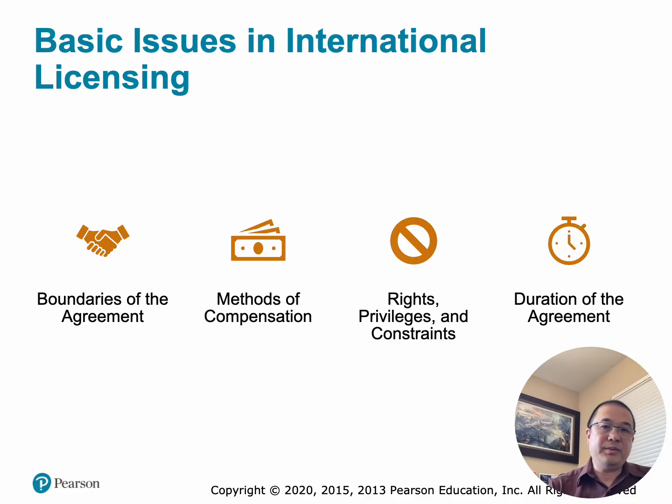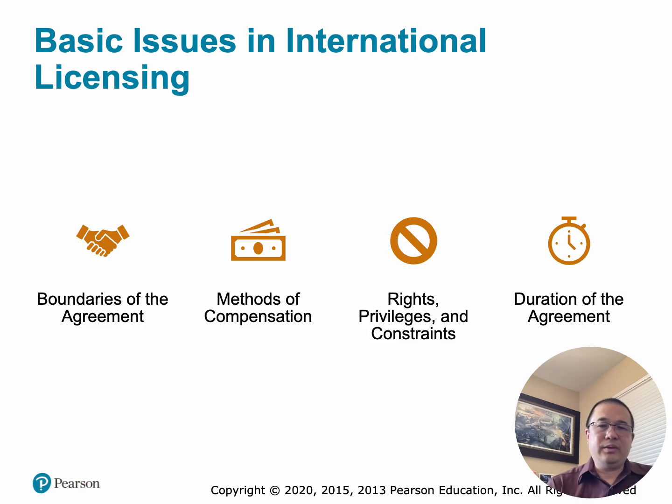As an example, a pharmaceutical company licenses a drug formula. The licensee can manufacture the drug, but cannot transfer the formula to another company. So why does this matter? Protects the licensor's intellectual property and brand reputation.